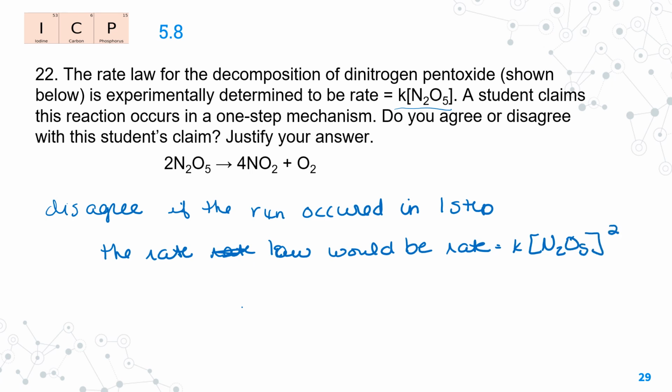And it's not. Experimentally, it came up to only the first power. So this can't be a one-step mechanism. There has to be other mechanisms in there for that to be the rate law.